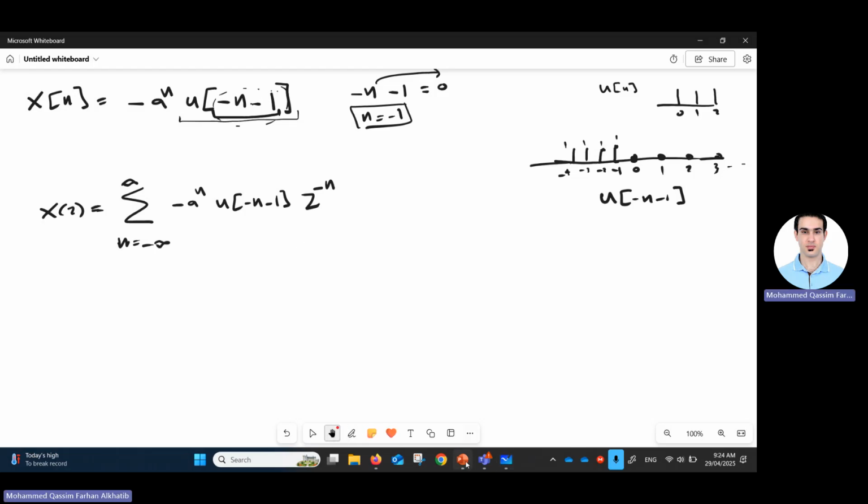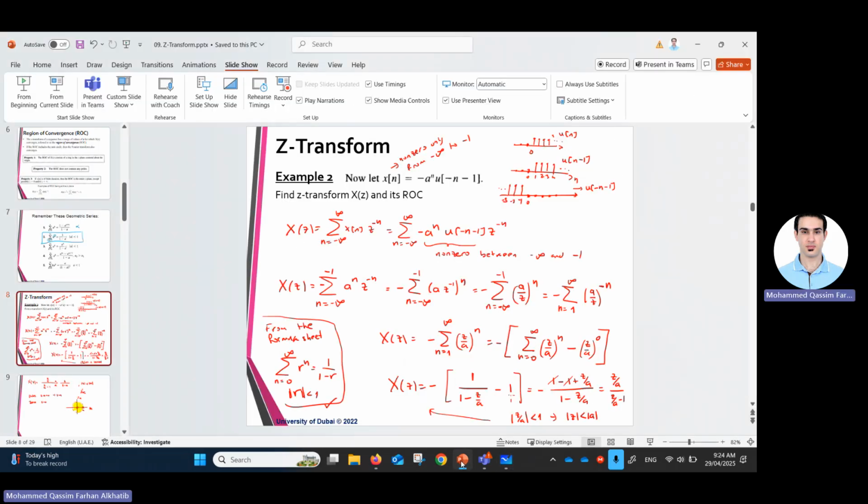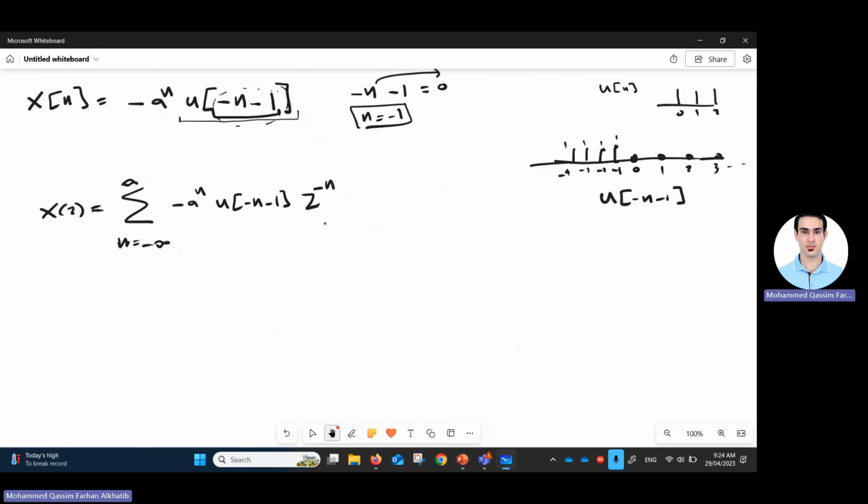This one, a to the power n or negative n. Now we see, what will be the job of this unit step function? We say this is going to change the limits. Now, what will be my new limits? So I have the summation negative a to the power n, z to the power negative n. What will be the limits?